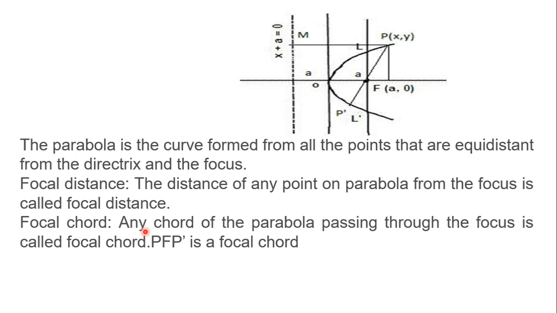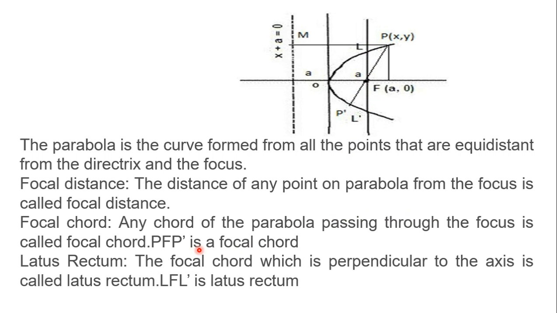So next, that is the focal chord. Any chord of the parabola passing through the focus is called the focal chord. So here this P F P dash, this is passing through focus, so this is a focal chord. Similarly, this L F L dash is also a focal chord, because this also passes through the focus. So any chord passing through the focus is called the focal chord.